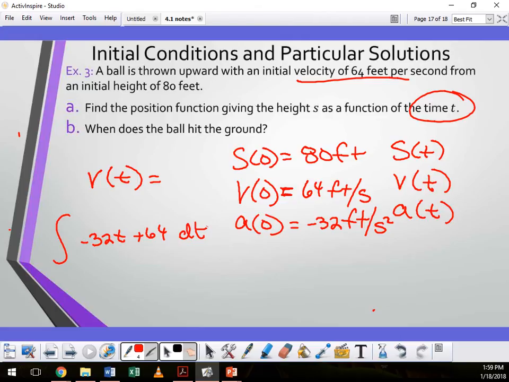So with negative 32, I add the exponent and divide by it, so it becomes negative 16t squared plus 64t plus C. Now this is going to be my s of t, not s of 0. Sorry.